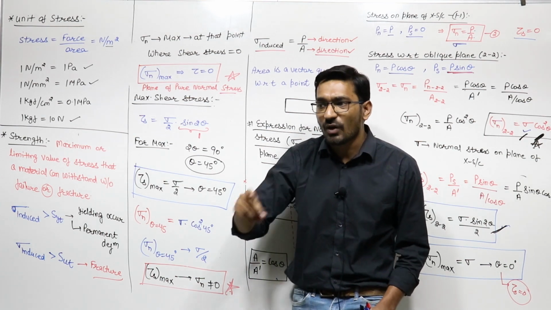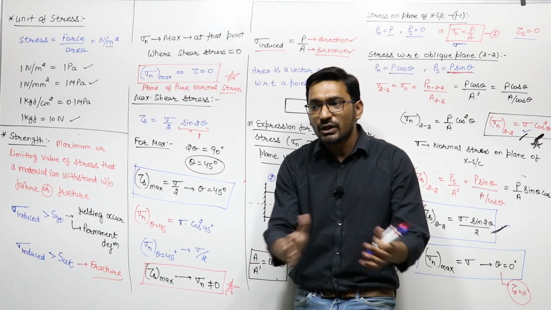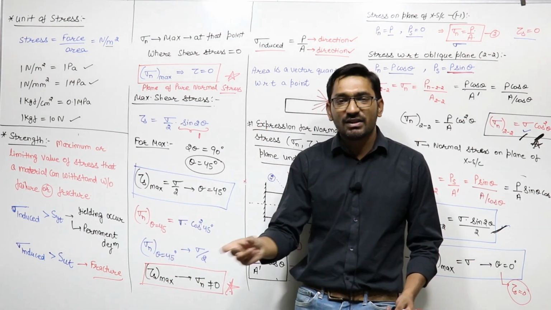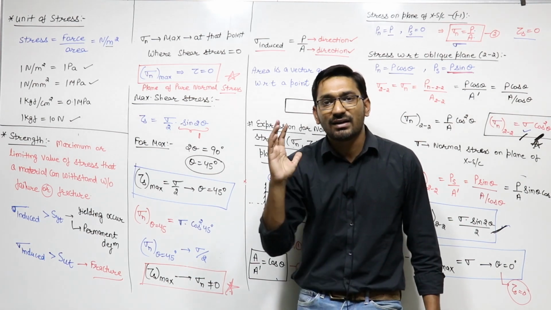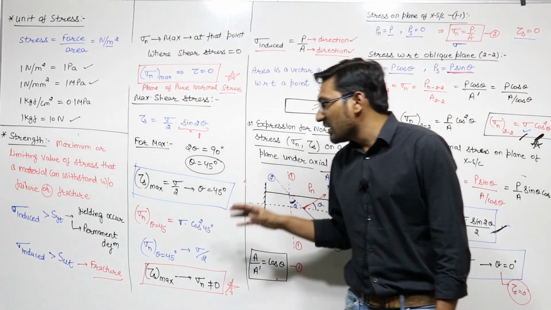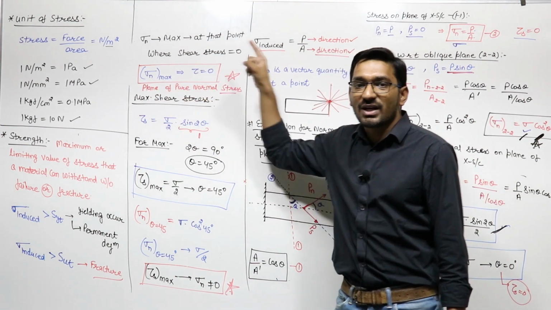This will help you to solve the numerical very easily, right, in your GATE exam. Don't need to derive all these equations. With the help of these conclusions, you will directly rush towards the answer and directly write the answer, that in the plane of pure normal, normal stress is maximum, shear stress is 0.